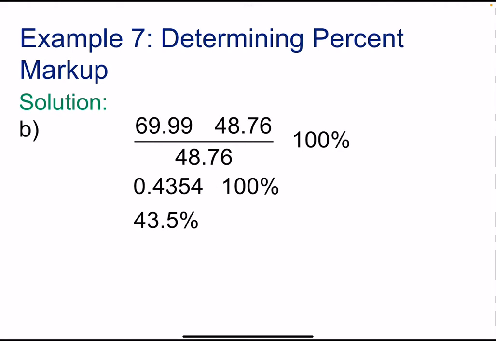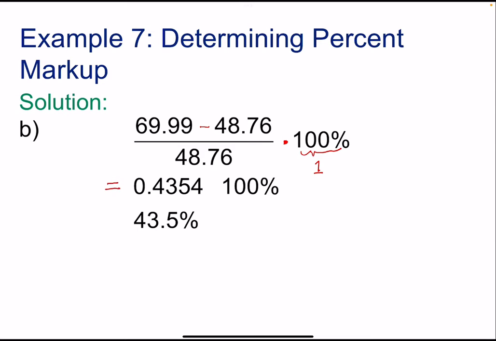What about the price for the sale? Well, it's 69.99 minus the cost, divided by the cost, and then convert to percent. Notice I always say convert to percent sign because that's equivalent to saying multiply by 100% or multiplying by 1.